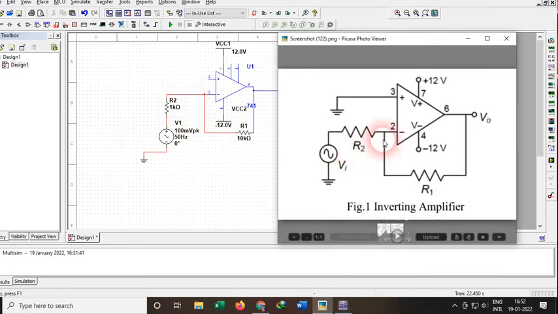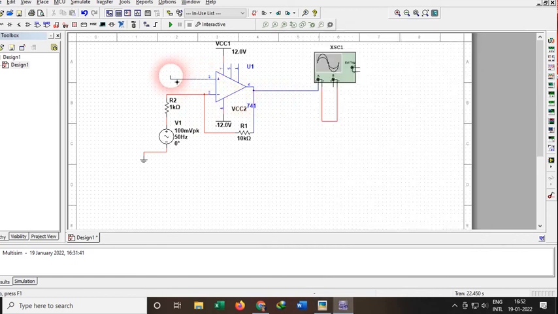Now in the circuit we have seen the third pin is also connected to the ground, so we will connect this third pin to the ground. So this circuit is nearly complete. Here we will again check the output. For that I will connect this to the ground, and also the B channel oscilloscope negative I'm going to connect to the ground.